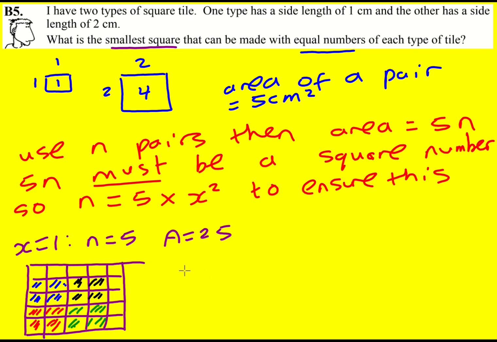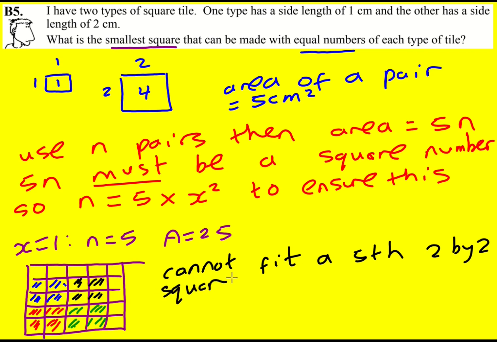But I cannot fit my fifth 2 by 2 square in. And there's no way that I could possibly do it because you get this little row going down there. So whilst this satisfied the conditions of getting the correct area, we couldn't actually manage to fit them in.